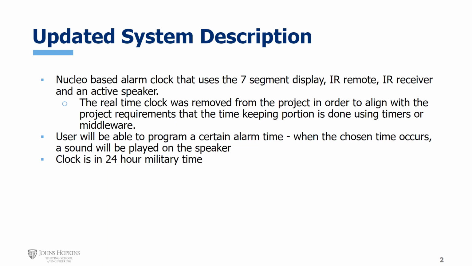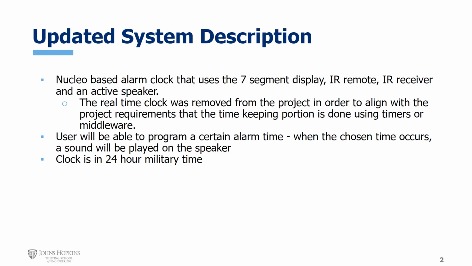I was going to use a real-time clock for the timekeeping portion of the project, but because of the design requirements from the professor, I had to use either a hardware timer or middleware, and I decided to use the middleware. Essentially this puts a pretty basic operating system on your ARM processor, so the time is kept using software timers instead of hardware timers.